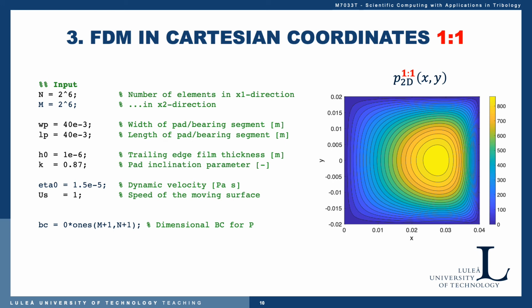What we can see clearly is the pressure varies similarly in both directions, because of the aspect ratio and the closeness to the boundaries in both directions.